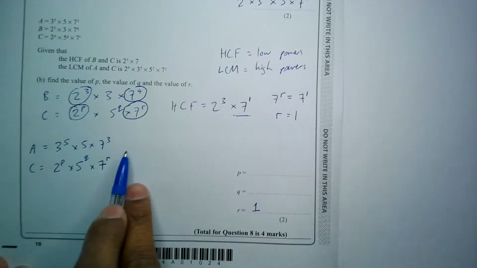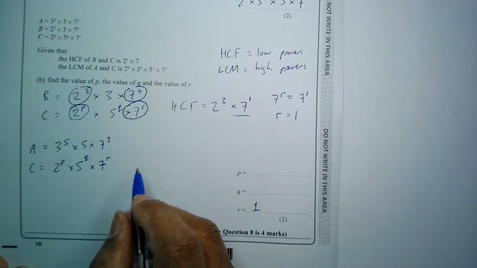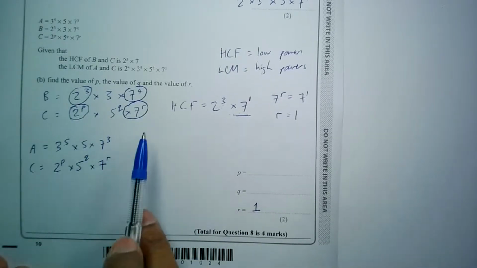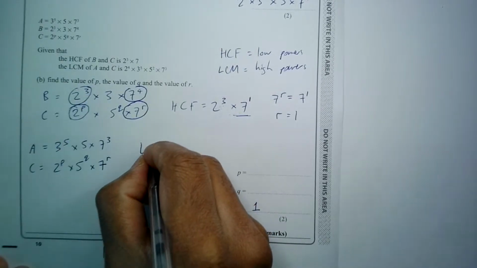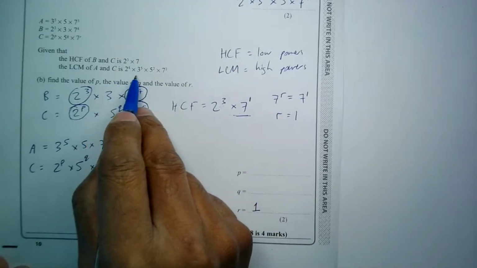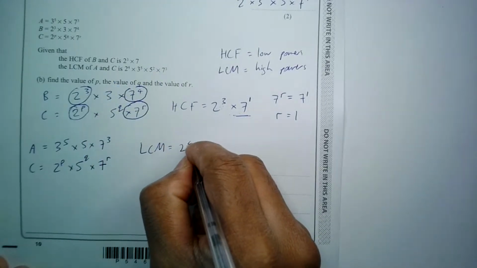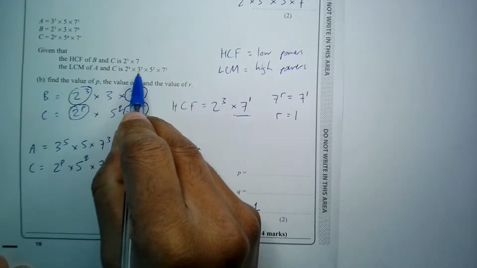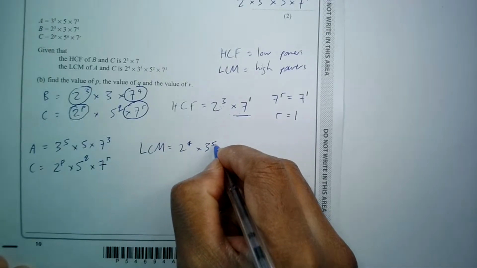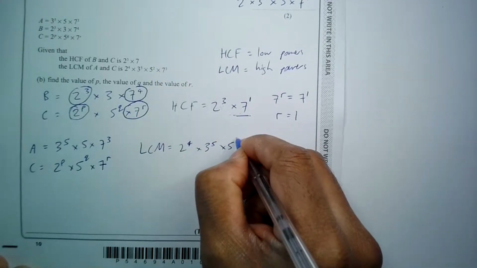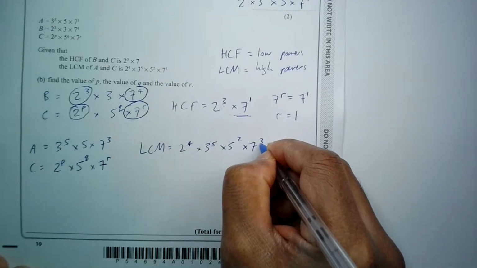We've already worked out what r is, which is 1, but let's leave that for now. And LCM equals 2 to the power 4 times 3 to the power 5 times 5 squared times 7 cubed.